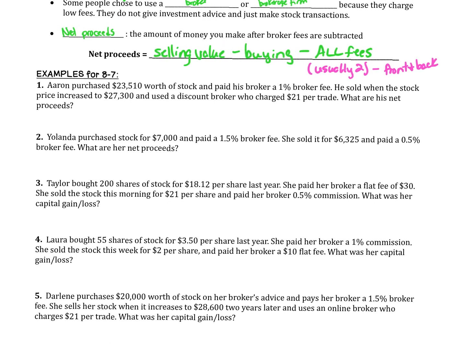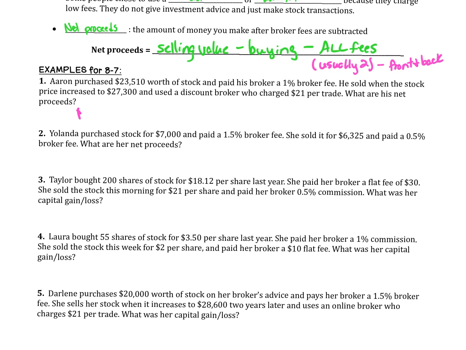Okay. So in this case, net proceeds, this is gonna be the 27.3, right? Minus, so we're looking for the difference, selling minus buying, right? But then we've got to subtract the fees.